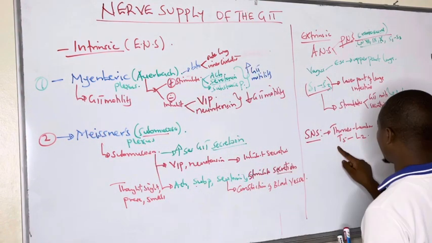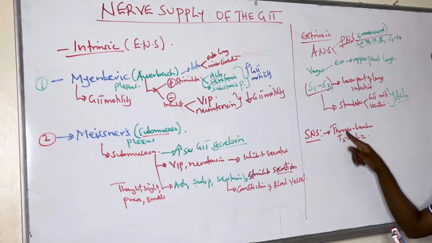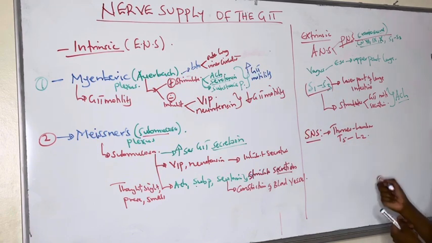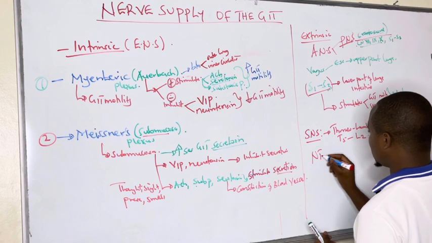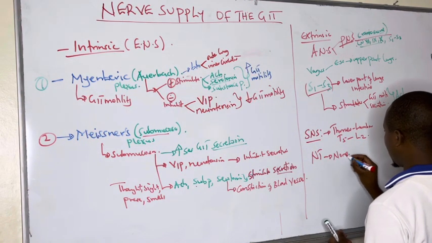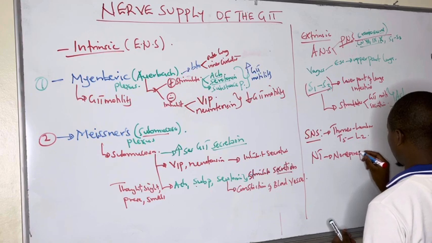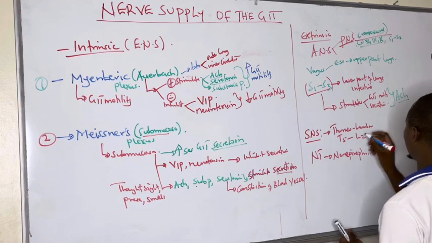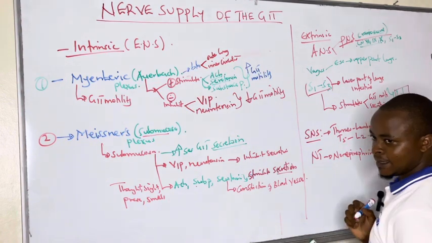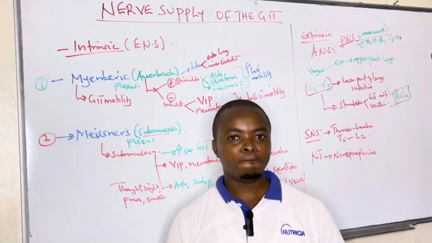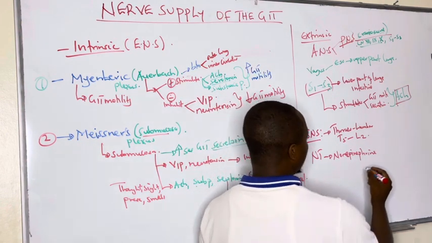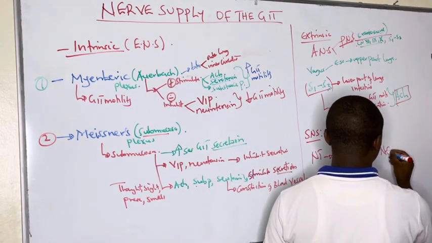So it is supplied by the thoracolumbar outflow, from T5 up to L2, and the neurotransmitter they use is norepinephrine, which we abbreviate as NE. We have seen the parasympathetic using acetylcholine, but the sympathetic uses norepinephrine.